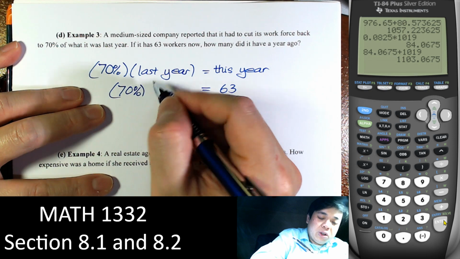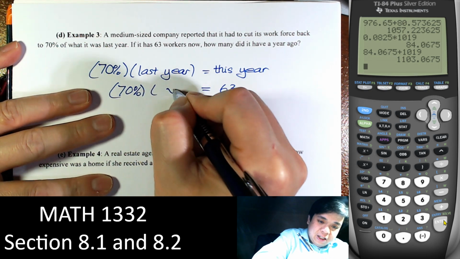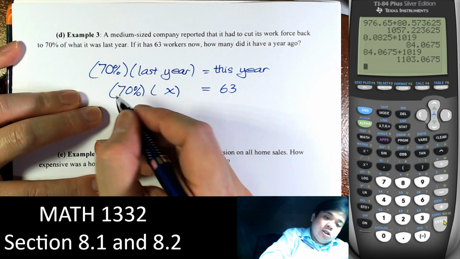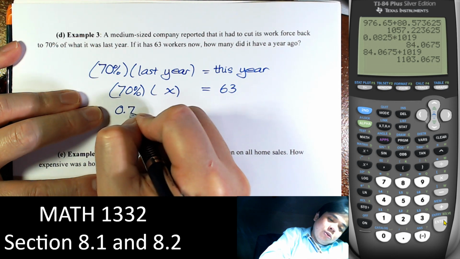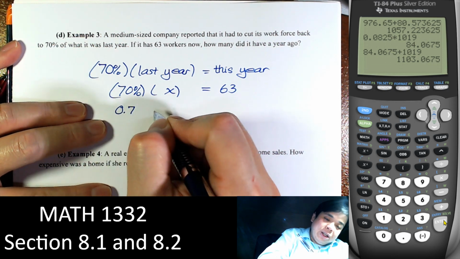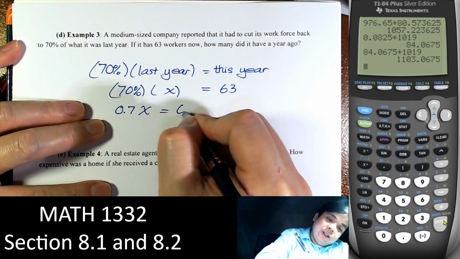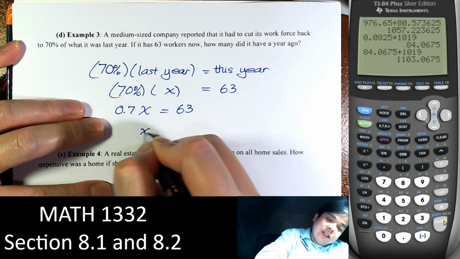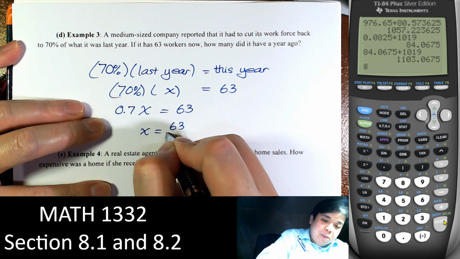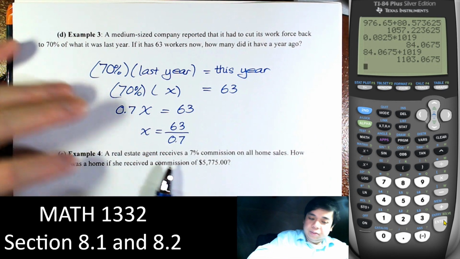We don't know what it was last year, so let that be x. And convert this to decimal place. Decimal will be 0.7, like 1, 2 to the left. So we have x equal to 63 divided by 0.7 on both sides.